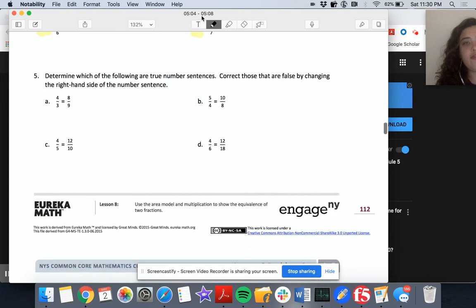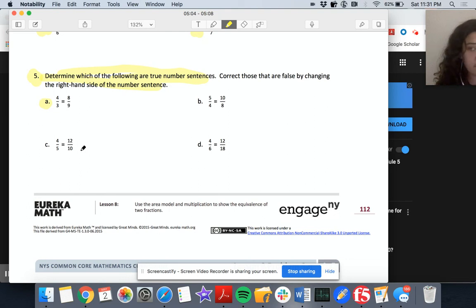And then 5, let's go ahead and do one problem in 5. So 5 asks, determine which of the following are true number sentences. And then they want us to correct the ones that are not true. Okay, let's go ahead and do 5A.